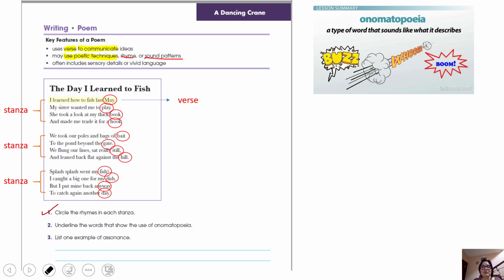Those are examples of onomatopoeia. So tell me, guys, in this poem, where do you have an example of onomatopoeia? I will help you. Look in the third stanza. Read the third stanza. Where do you have an example of onomatopoeia?